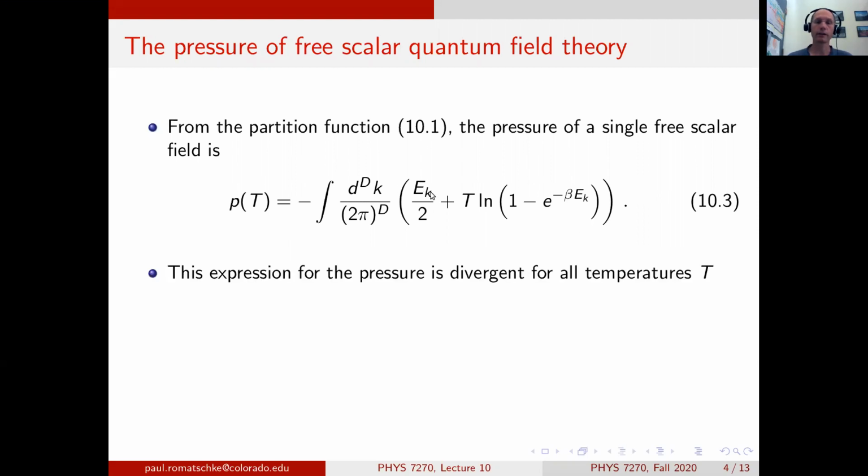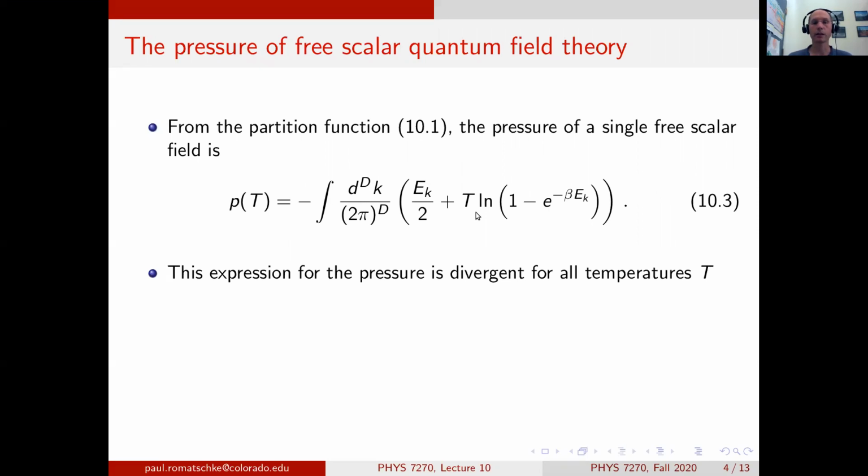If you recall that this E_k just stands for the square root of k squared plus m squared, the integrand here becomes larger and larger as k increases, and that means that this integral here is divergent for any value of the temperature T.